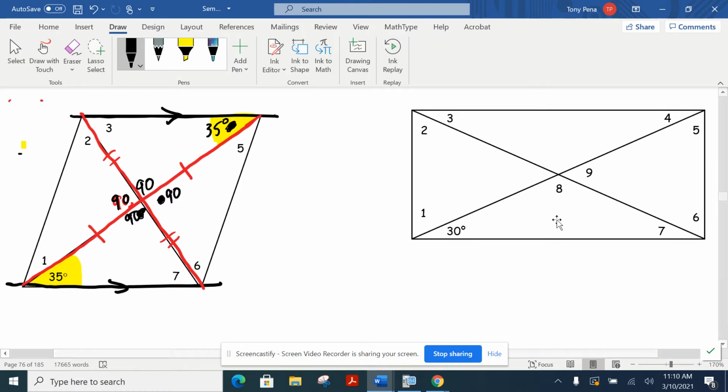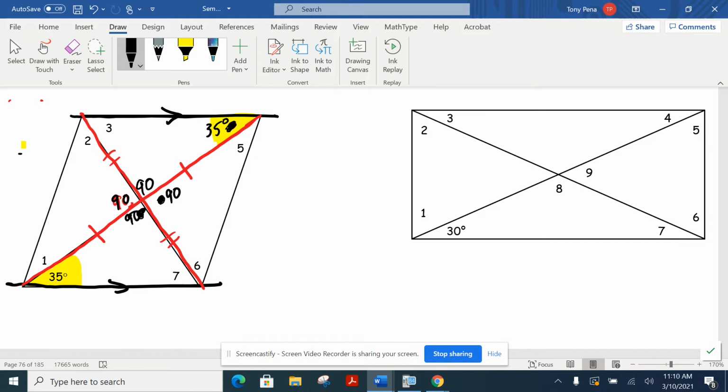All right, and anybody on a path that would allow us to figure out one of these other missing angles. So angle 1, 2, 3, 7, 6, or 5. Anybody got a path to get one of those? Because we should.